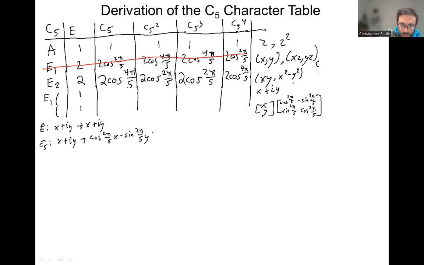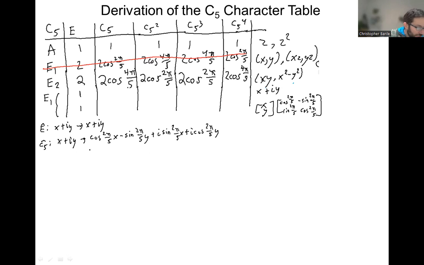So it looks like plus i sine 2 pi over 5 times x, plus i cosine 2 pi over 5 times y. We're doing matrix multiplication here.